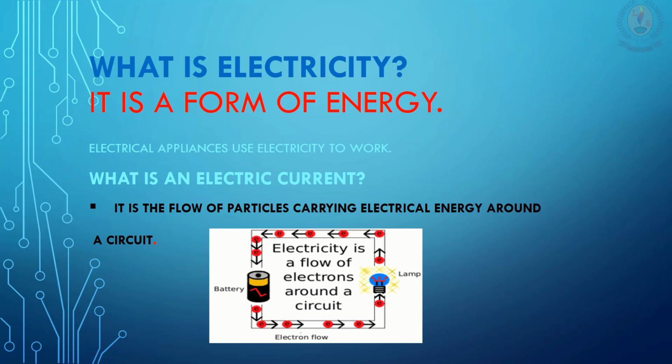In the red color, it shows you the electrical particles. I hope all of you can understand about the electric current. What is an electric current? Yes, very good. It is the flow of particles carrying electrical energy around a circuit.